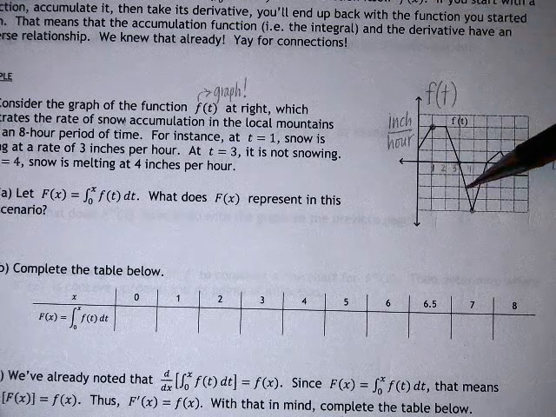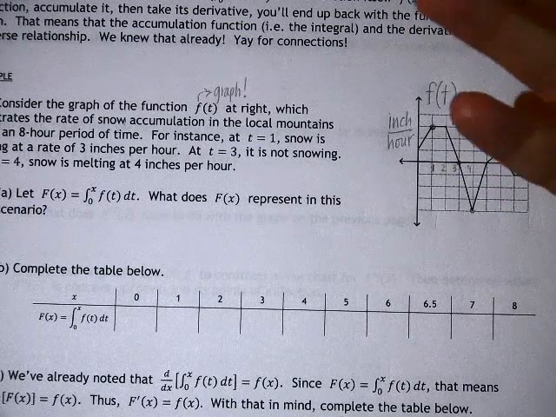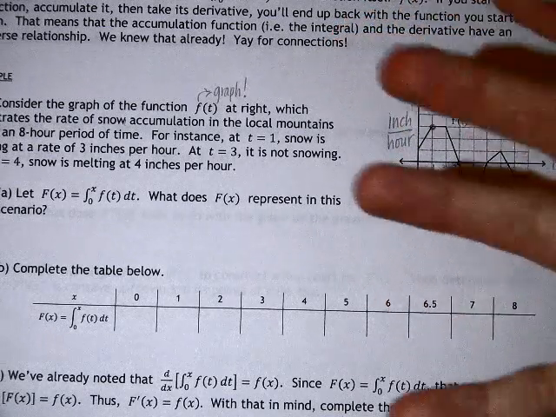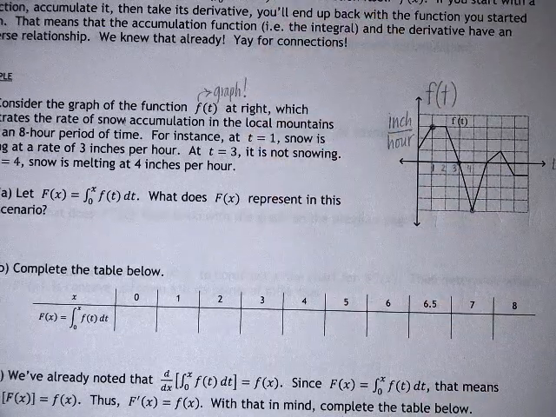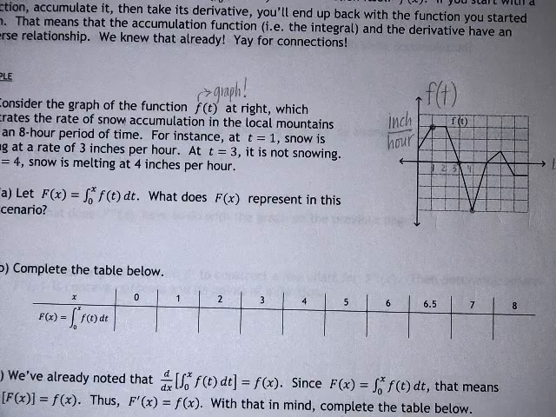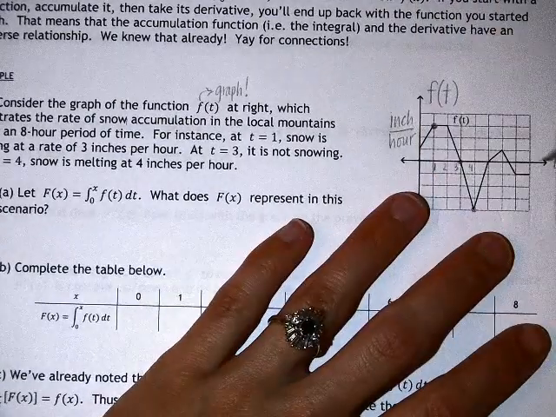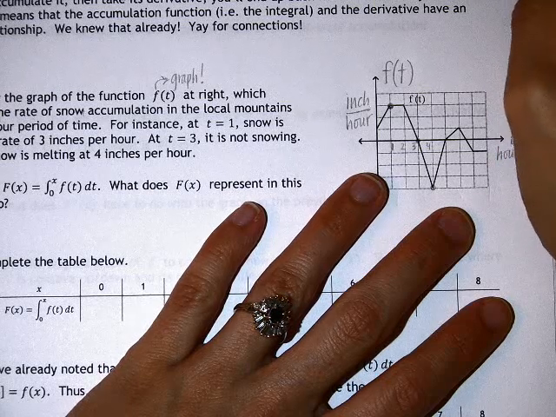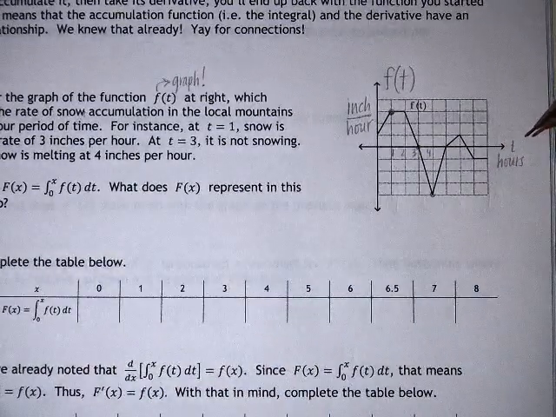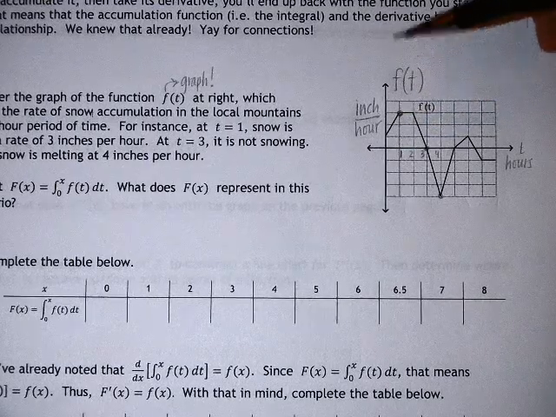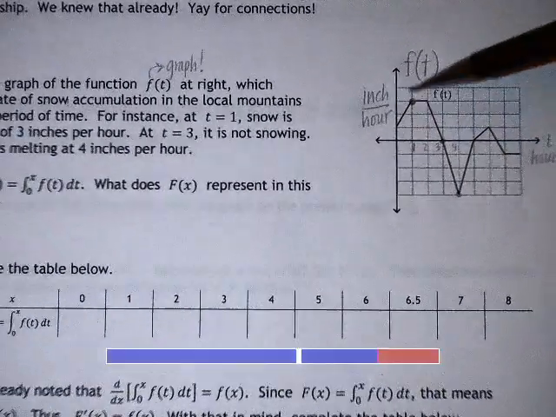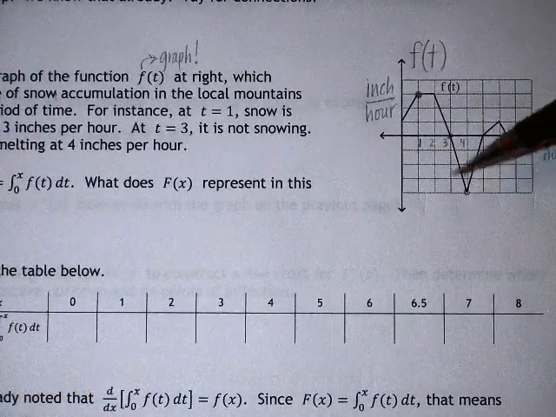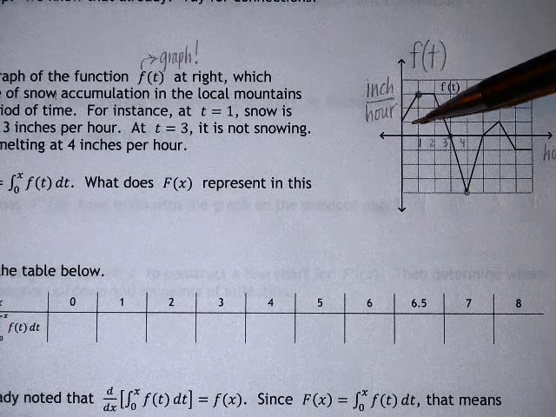So if the snowfall rate is negative, that means the snow is doing the opposite of accumulating, it's melting away. So hopefully we can get that context here and understand that the x-axis, so to speak, is measuring in hours what's happening to the snowfall, and the y-axis, or the f of t, is measuring at how many inches per hour the snow is falling.